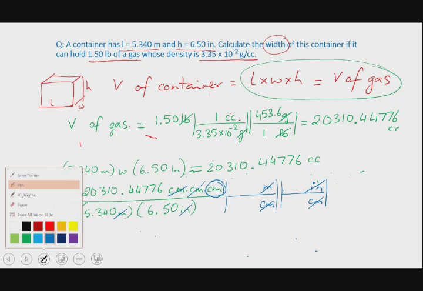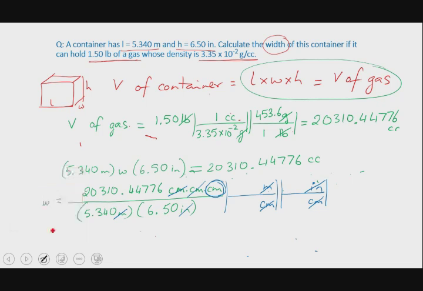Okay, so plugging in the numbers, 1 centimeter equals 10 raised to minus 2 meters, and 1 inch equals 2.540 centimeters. When you plug in these numbers in the calculator, you would get 2.303727824 centimeters.